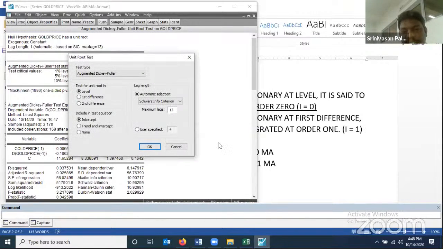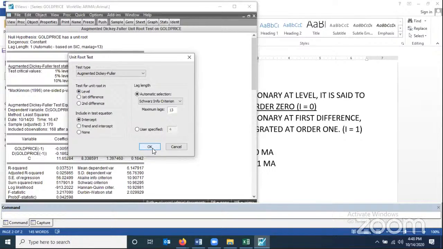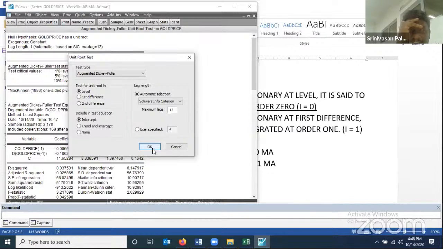Are you able to see this dialog box? It is in level automatically. Don't click anything. Can I click now? Yes. So here there is no need to specify anything. No change. After all, this is a stationarity condition. That's it.